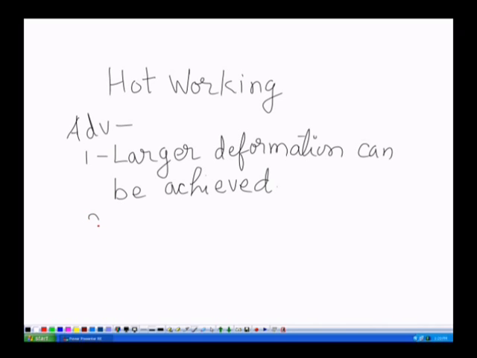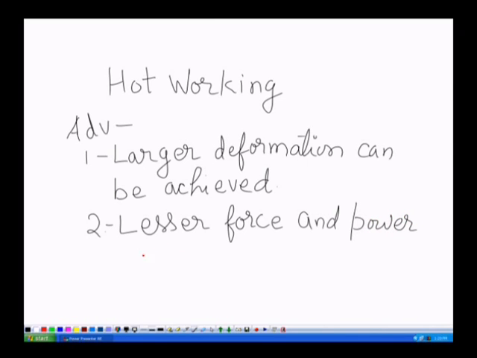Second one that we are considering is lesser force and power to deform.